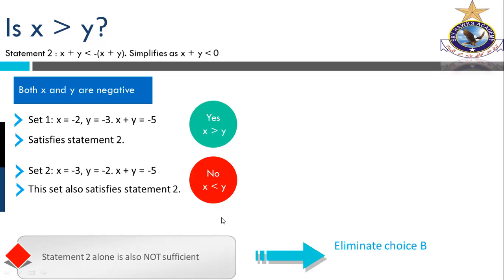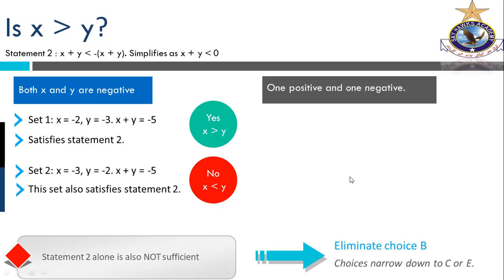So eliminate choice B. Statement 2 alone is sufficient for the data sufficiency. Now the choice is narrowed down to C or E. We have eliminated three choices, now we have two out of five.